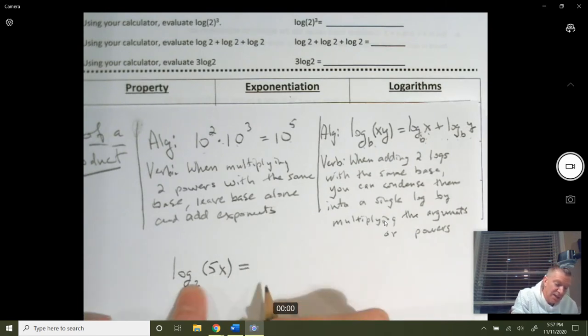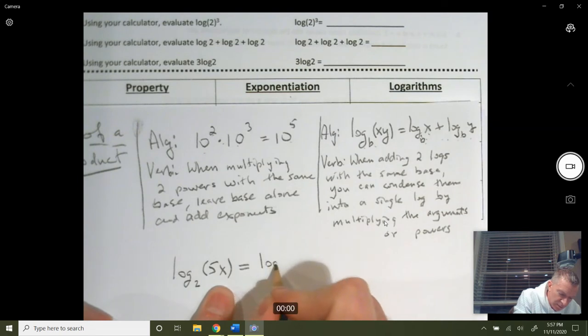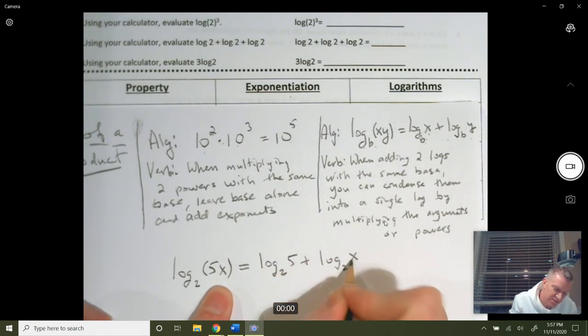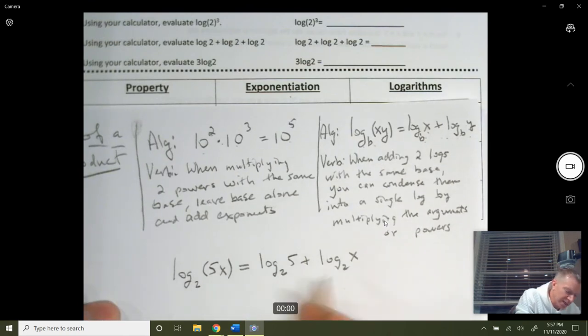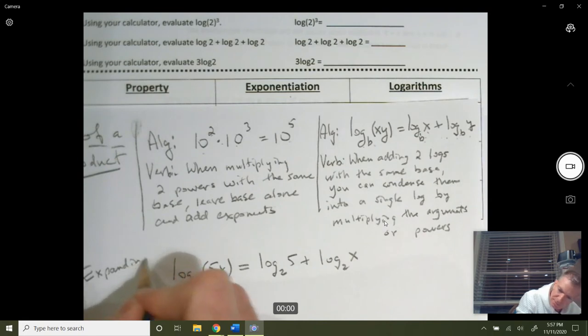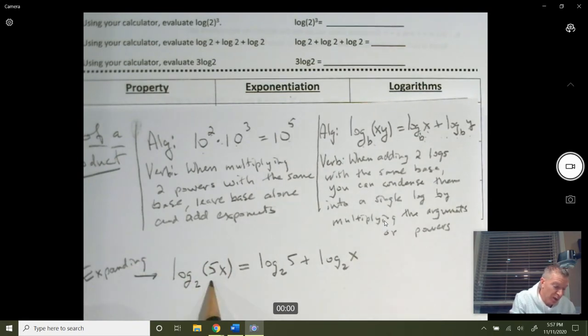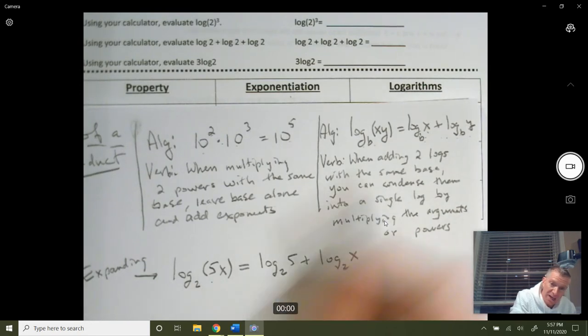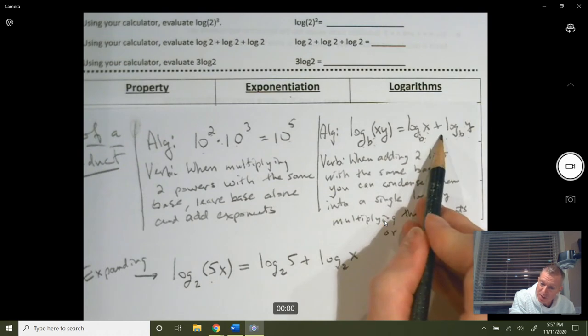I can break this down into log base 2 of 5 plus log base 2 of x. This is called expanding. I'm expanding this log, breaking it down as much as possible.